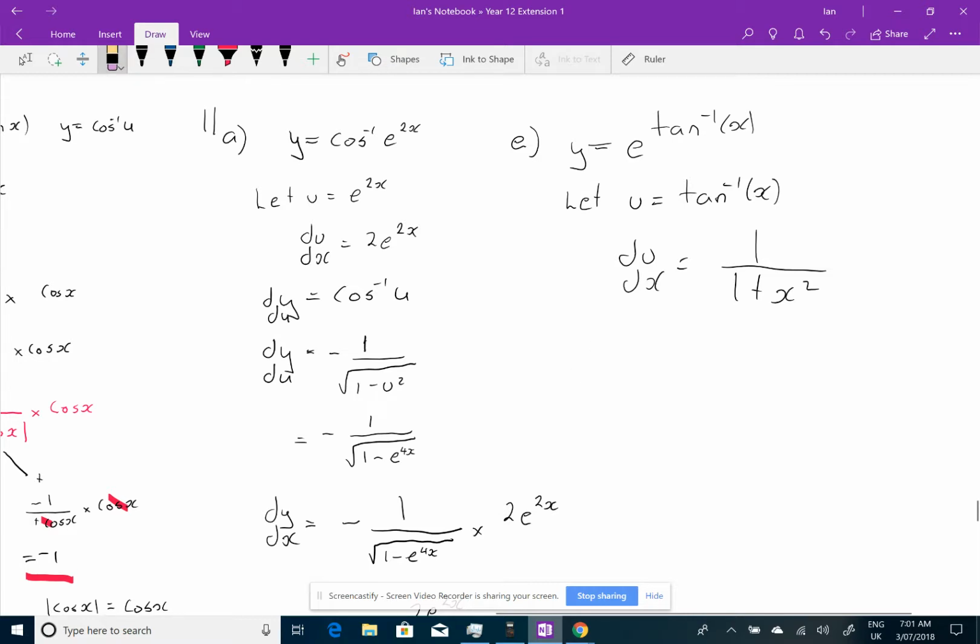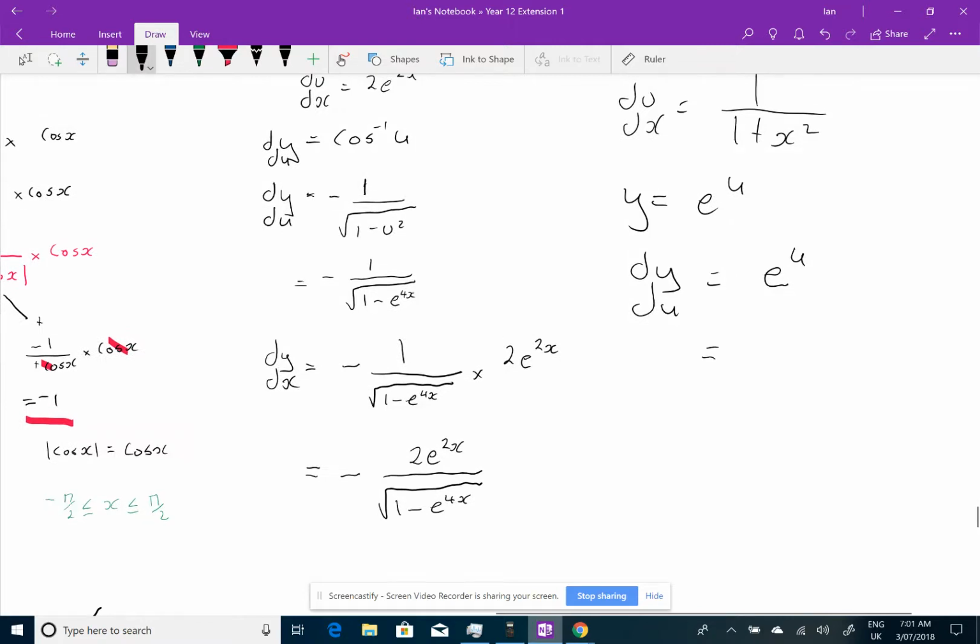y equals e to the u, dy du equals e to the u, which is e to the inverse tan x.